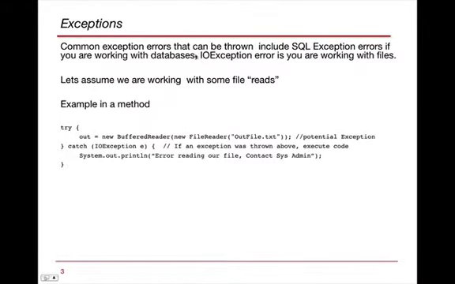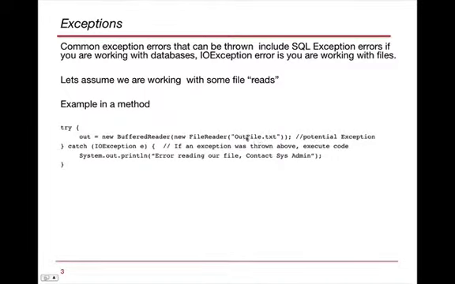So there are some common exception errors that you'll see if you start working with Java. There's a SQLException if you work with databases, IOException if you're working with files. We'll see another one shortly, the array out of bounds exception error. So let's say we have a piece of code with a try-catch block and we do this line, which is basically for file input-output, and it could throw a potential exception.